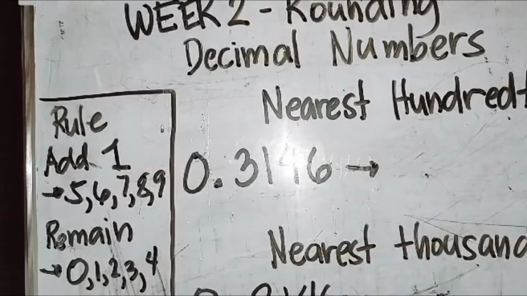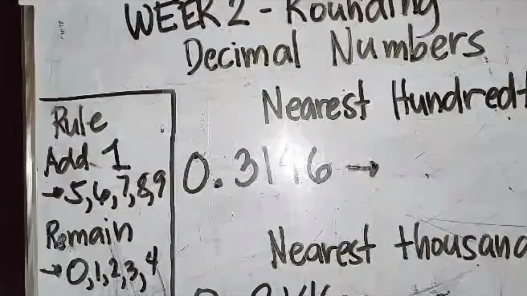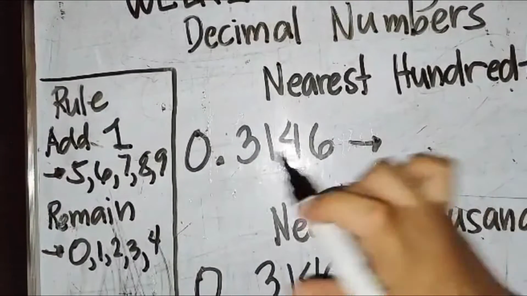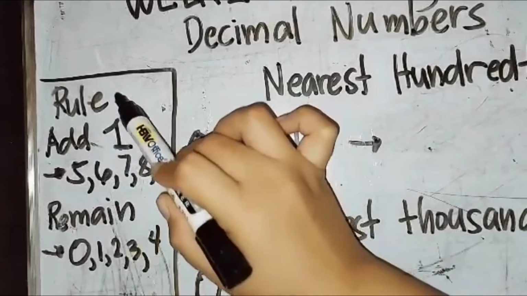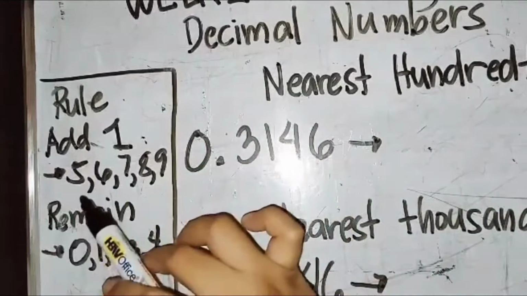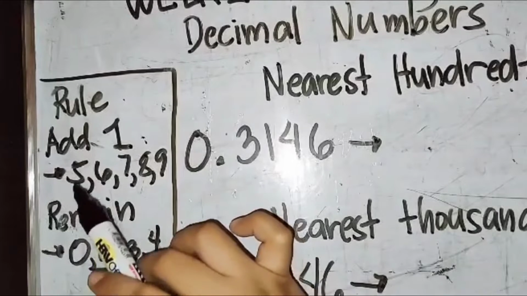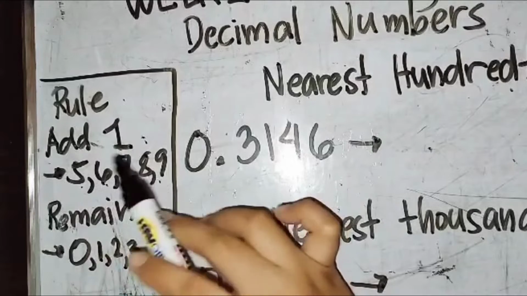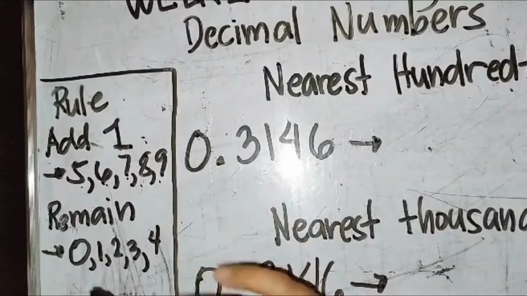Ito ay rule in rounding off numbers, whether it be real numbers, whole numbers, or decimals. Okay, so the first rule is we have to add 1 if the number beside the rounding place is 5, 6, 7, 8, and 9. Mamaya malalaman nyo kung ano yung rounding place.